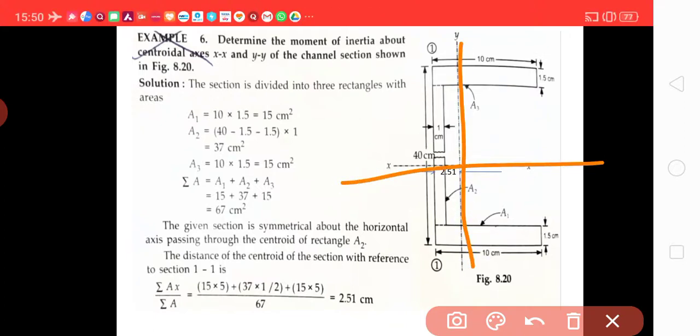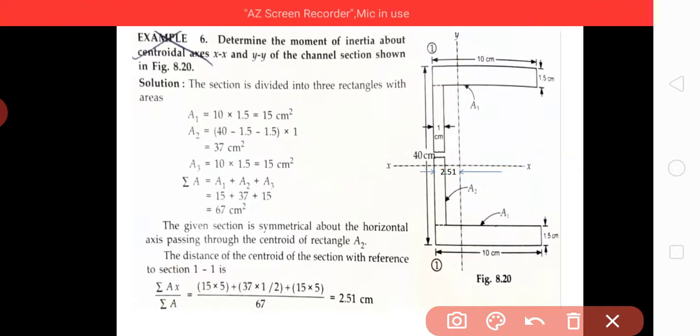First of all, find their respective centroidal axis and then apply the parallel axis theorem for the sum of these. These are the 3 steps we are going to take one by one. Here the section is divided into 3 rectangles, that is 1, 2 and 3, like this.